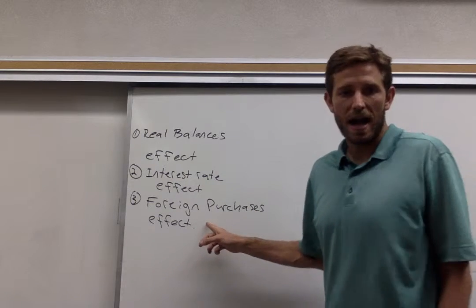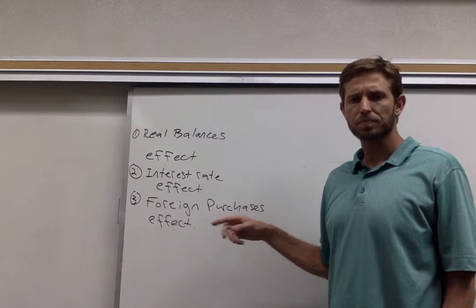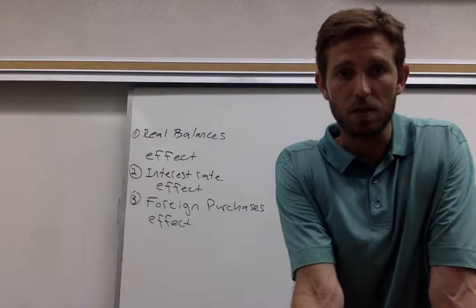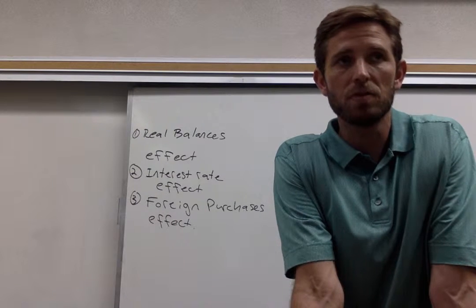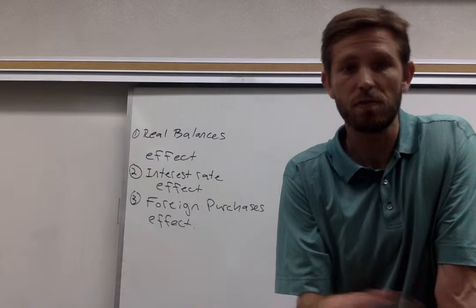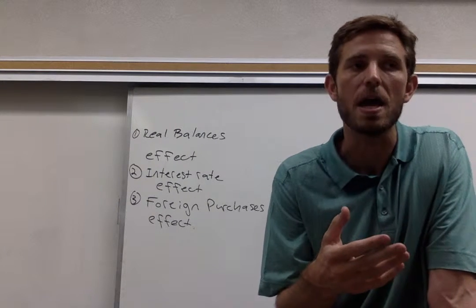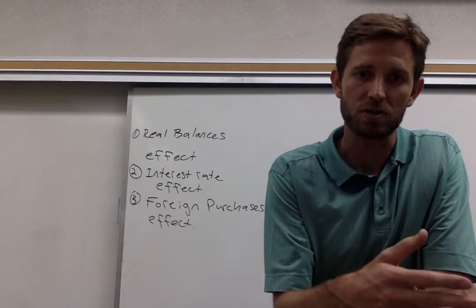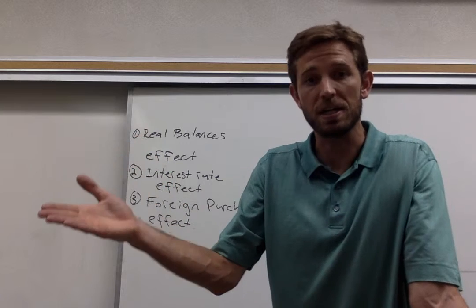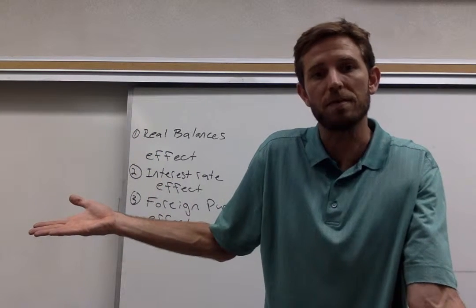Third reason why aggregate demand slopes down is something called the foreign purchases effect. The idea here is that when you see inflation in the home country, it results in that country's goods being more expensive for foreigners. So if we see inflation in the US, it would mean then that American-made cars and computers and things like that become that much more expensive to Canadian consumers or Mexican consumers or European consumers or whatever.